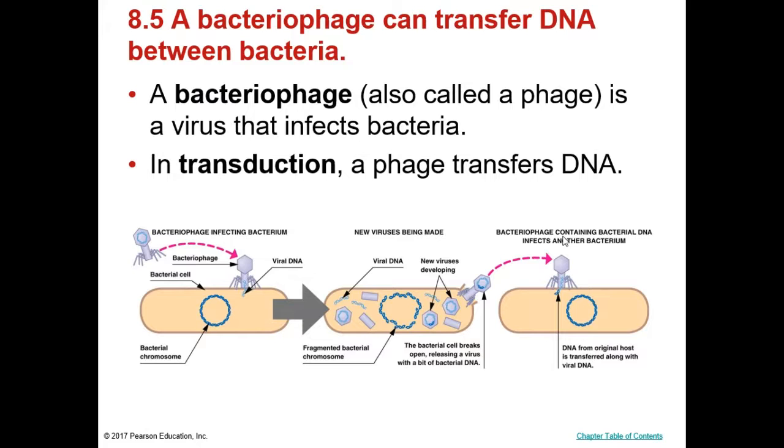So another form of DNA transfer that achieves genetic variation in bacteria is transduction. All right, so in transduction, bacteria are actually infected by viruses. And these viruses are called bacteriophages, right? Bacteriophage is a virus. Collectively, these viruses infect bacteria only, right?